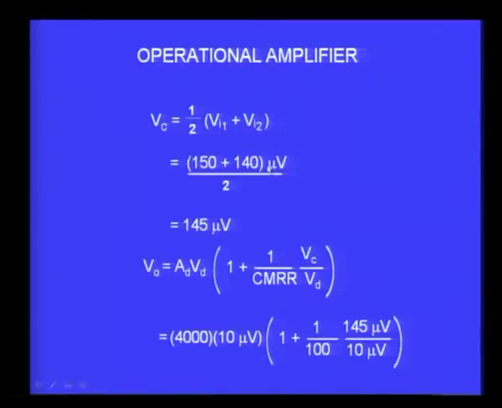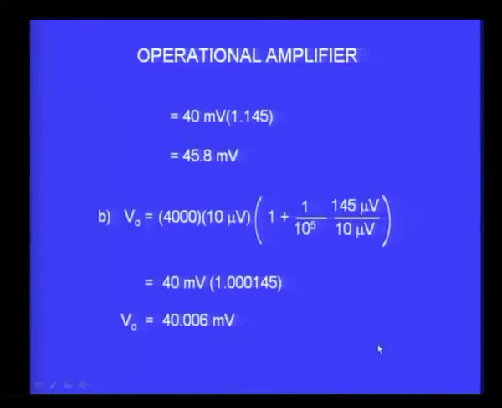So, 150 plus 140 by 2, that will be 145 microvolt, and output voltage is AD Vd into 1 plus 1 by CMRR Vc by Vd. So, 4000 multiplied by 10 microvolt, which is the differential voltage, 1 plus 1 by 100 for the first case, the CMRR is 100, and 145 by 10 microvolt, if you calculate, it is 45.8 millivolts.